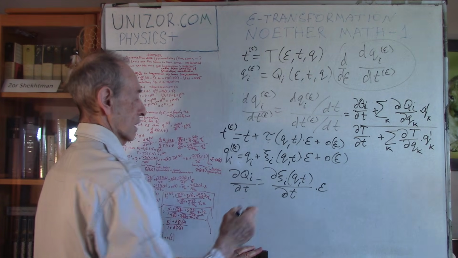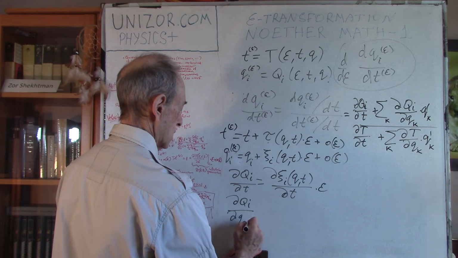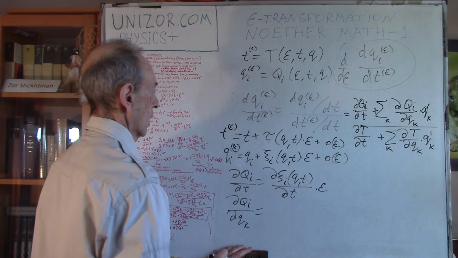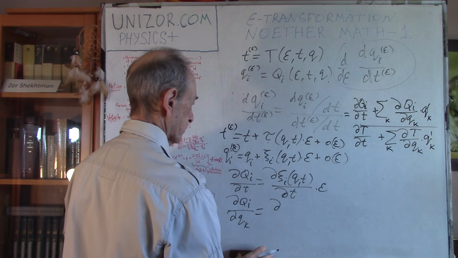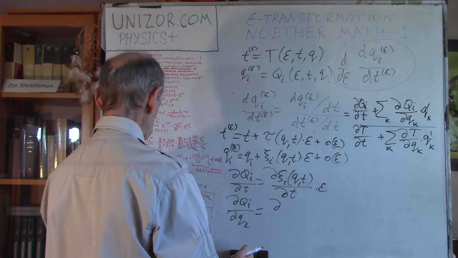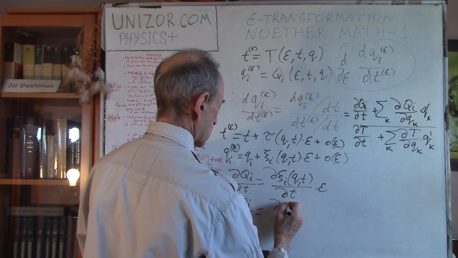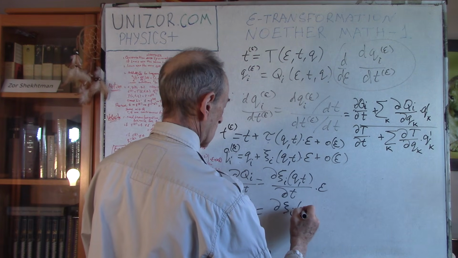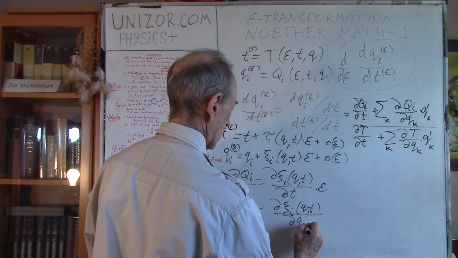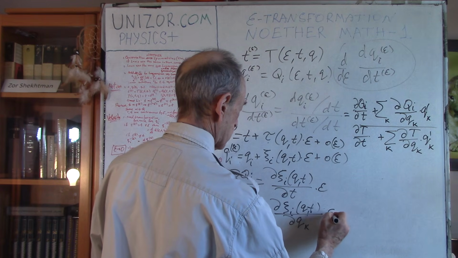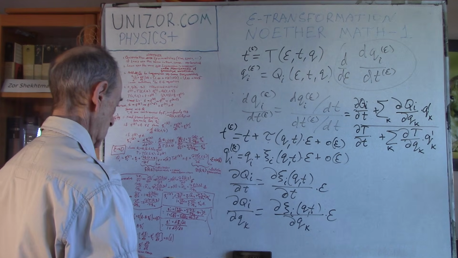Now, what's differentiation by qk? dqi by dqk is equal to, again, only this one, so it's dxi of qt by dqk times epsilon. Right?